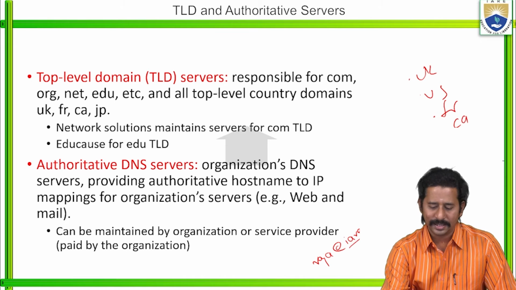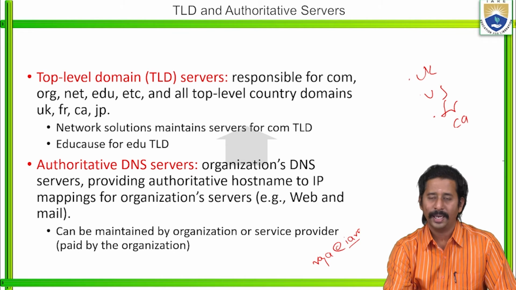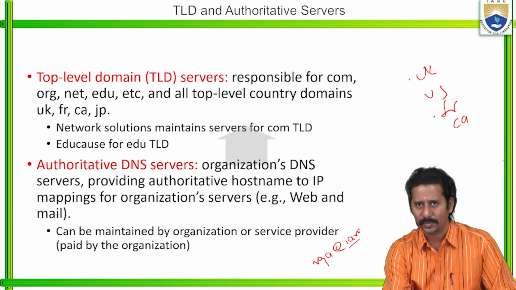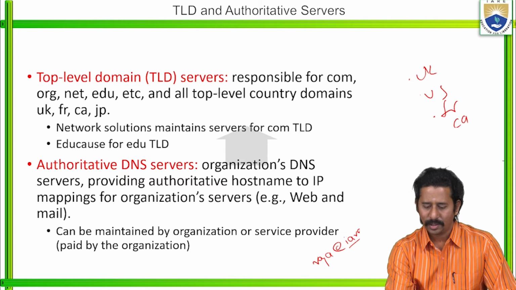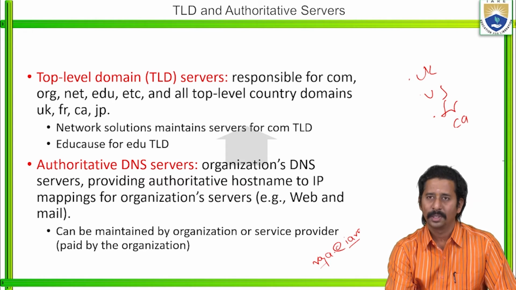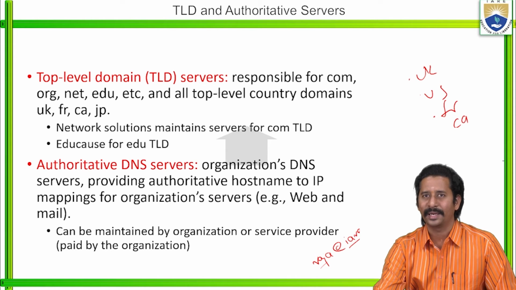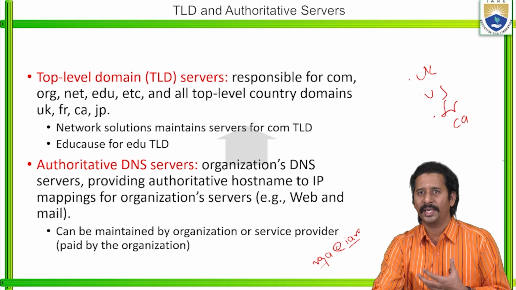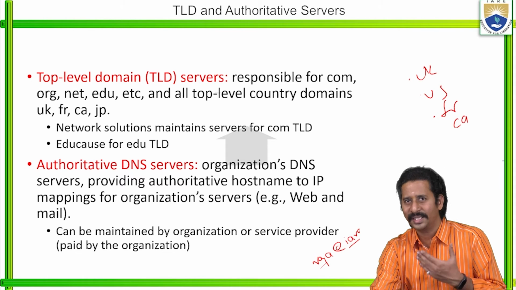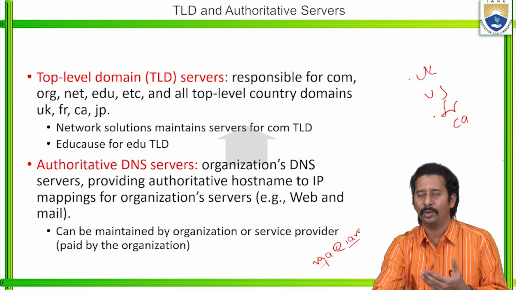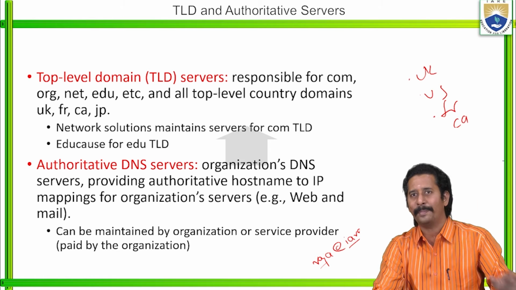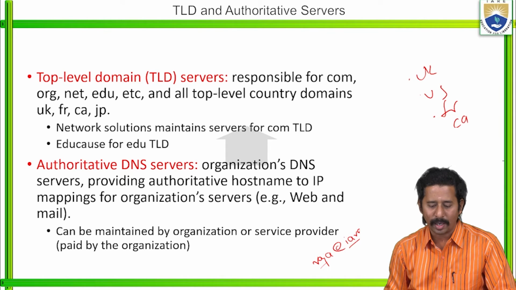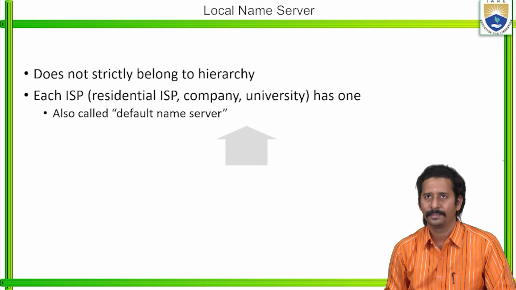See, this is maintained by the organization, that is IARE, or whatever the service provider, right? So this maps to one particular IP address. So these are the authoritative servers, we can call them authoritative DNS servers, that is the organization's DNS servers, which provide authoritative host name to IP mappings for the organization's servers. So this can be maintained by the organization or service provider.